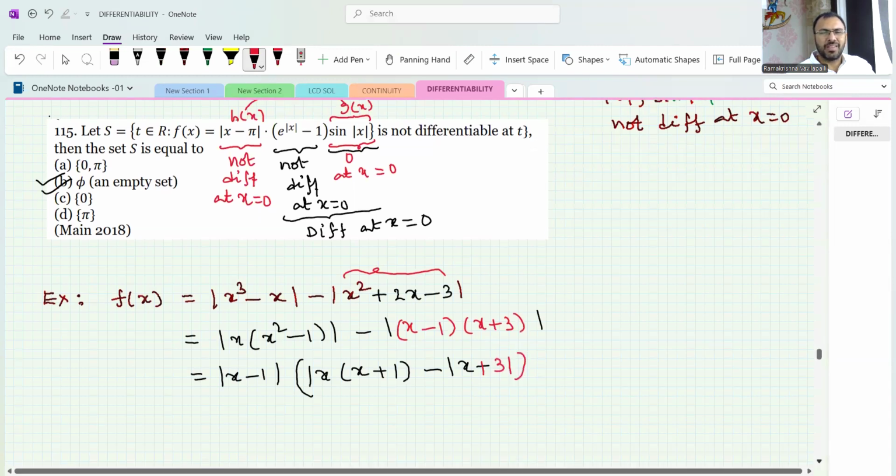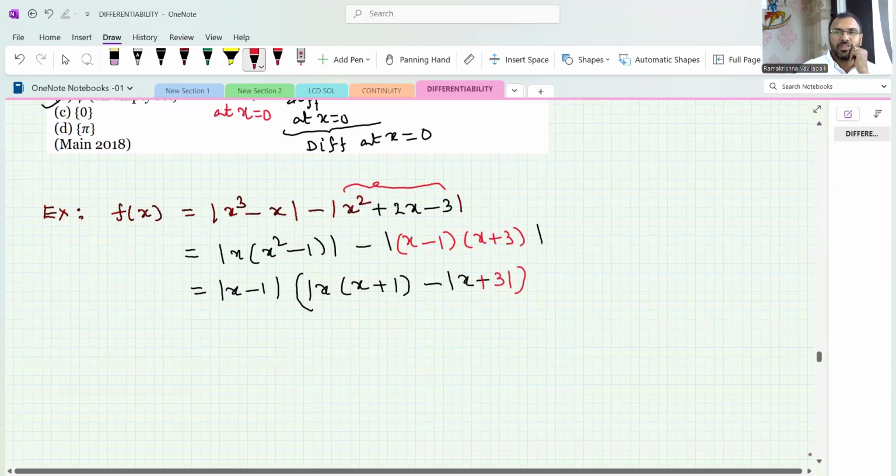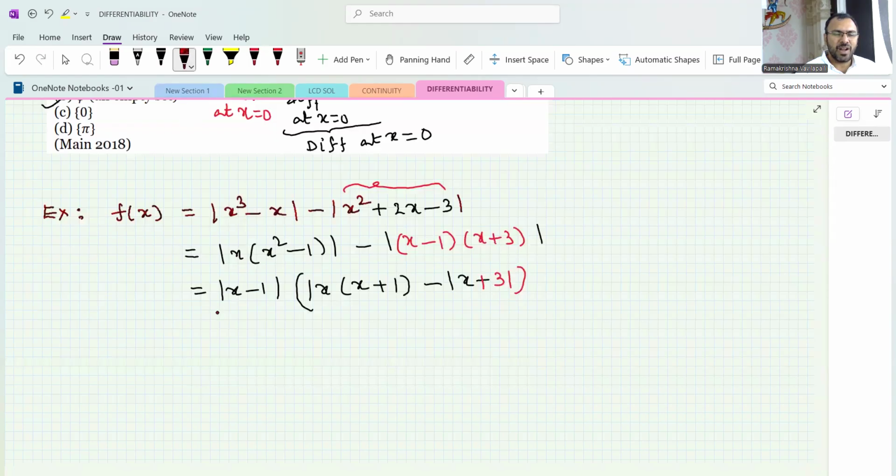Well, now we need to find the non-differentiable points. See, this function is not differentiable at x equal to 0, comma -1.